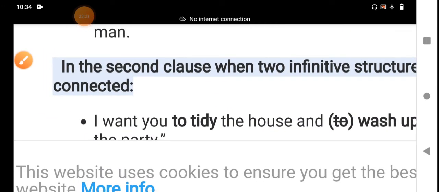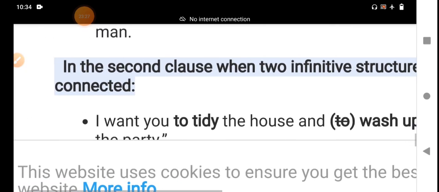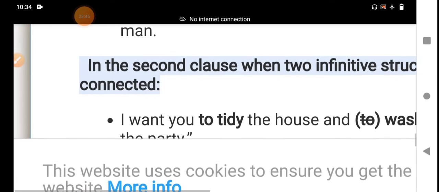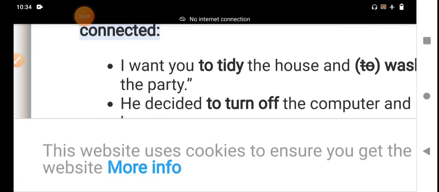And then the next rule is, when two infinitive structures are connected, already in the first clause the to-infinitive is there. I want you to tidy the house. Tidy means very clean. In the second structure, we should not use to, we should use the bare infinitive: and wash up after the party.